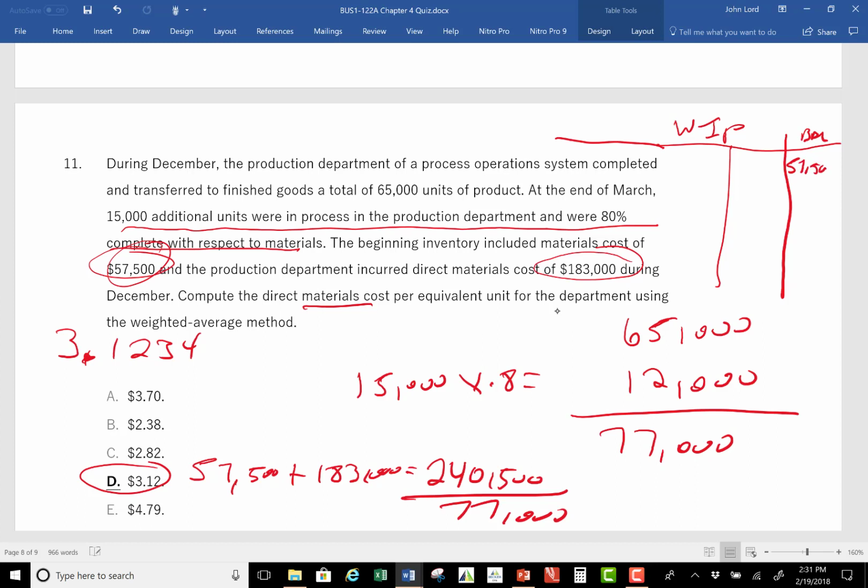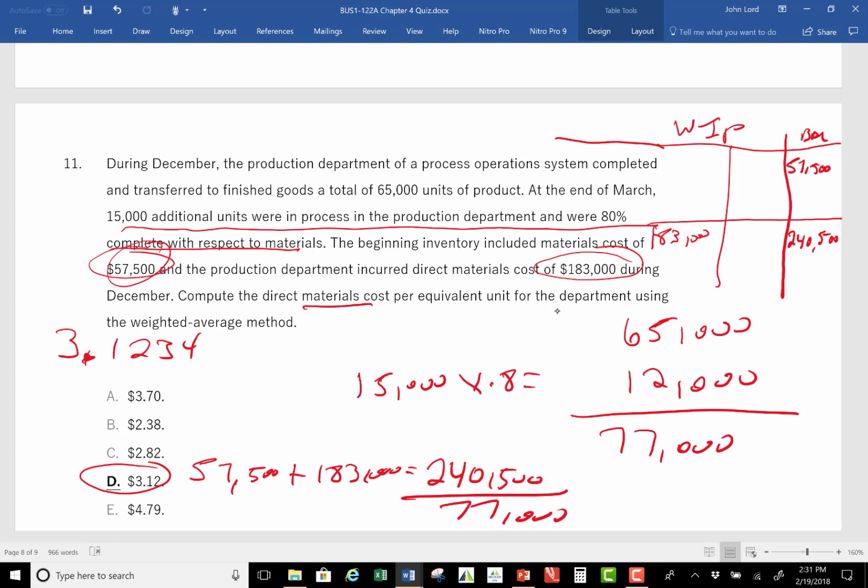Good. Okay, and then I add what? 183,000, giving me now 240,500.